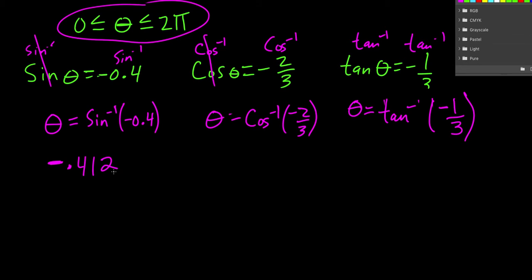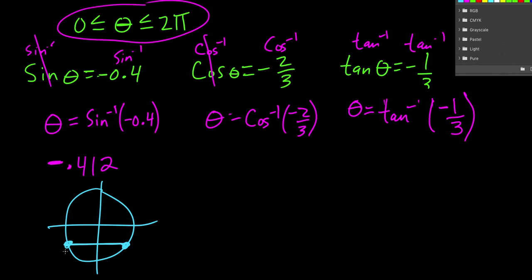Okay, so what does that mean? That's an angle measurement. We had a sine value that was down here somewhere, and we have one rotation, 0 to 2 pi, so we should get two answers out of it.